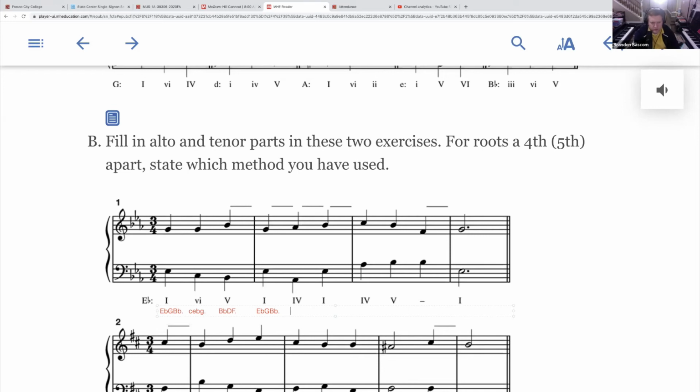Going to A flat, C, E flat. Going to E flat, G, B flat. Back to A flat, C, E flat. Going to B flat, D, F. Staying on that chord. Back to E flat, G, B flat.